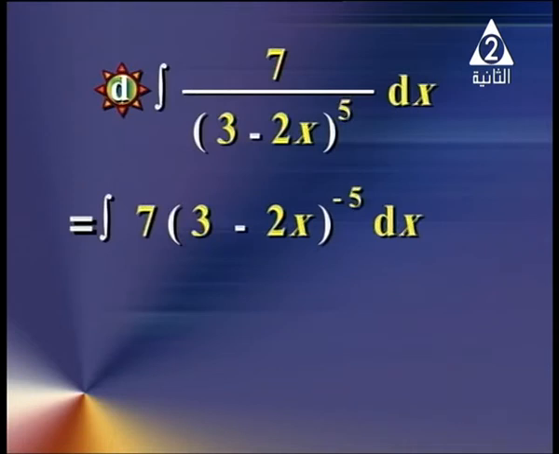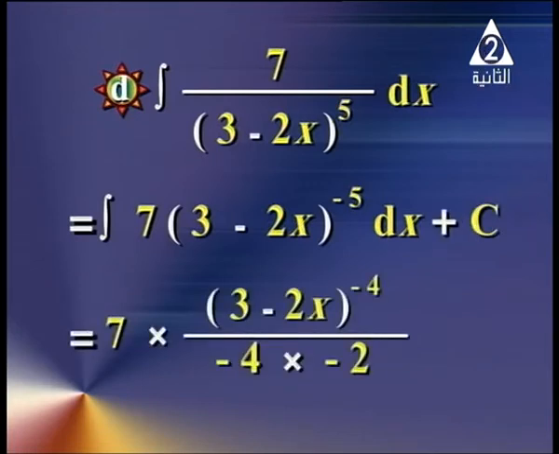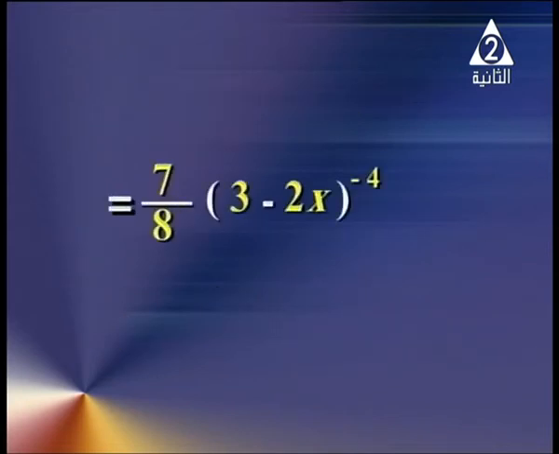Don't forget to multiply in the denominator by the coefficient of x, negative 2. Then the answer is 7, the constant, multiply 3 minus 2x all power negative 4 over negative 4 times negative 2 plus c. Then the answer is 7 over 8 multiply bracket 3 minus 2x all power negative 4 plus the constant of integration.